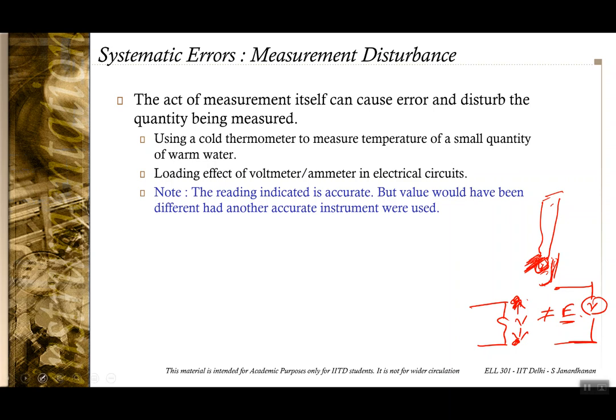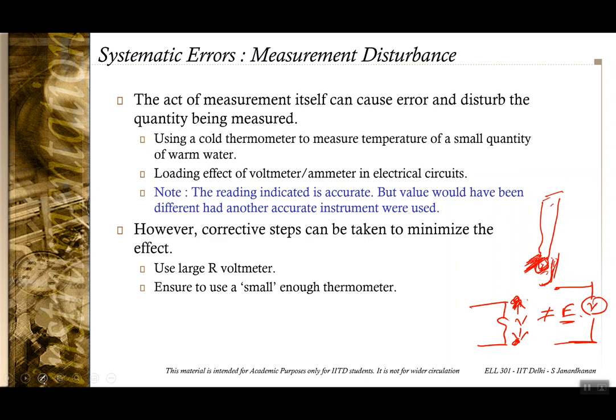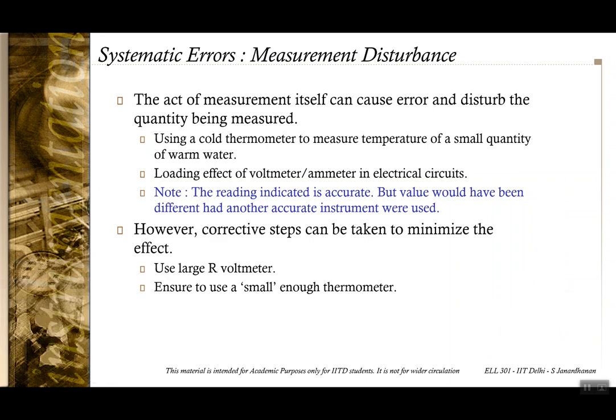The way to combat this sort of measurement error is to use more reliable instruments, or instruments that are more appropriate to the range. In this case, if you expect a resistance R here, your voltmeter resistance RV should be much greater than R. So I should choose a voltmeter whose resistance is much greater than this.